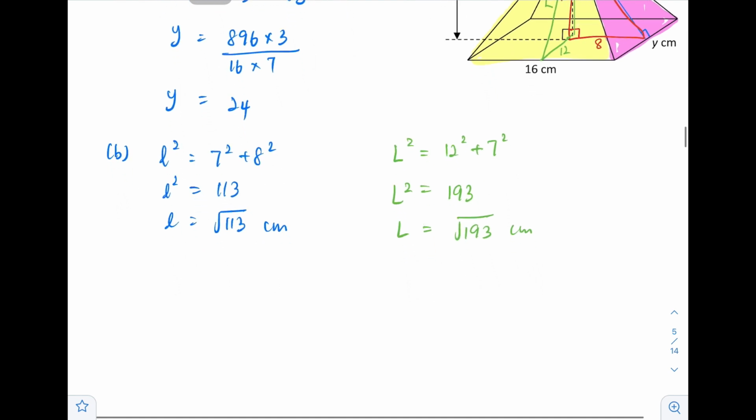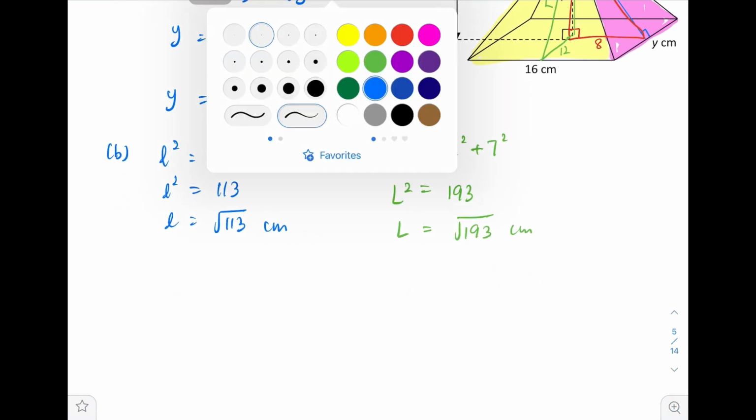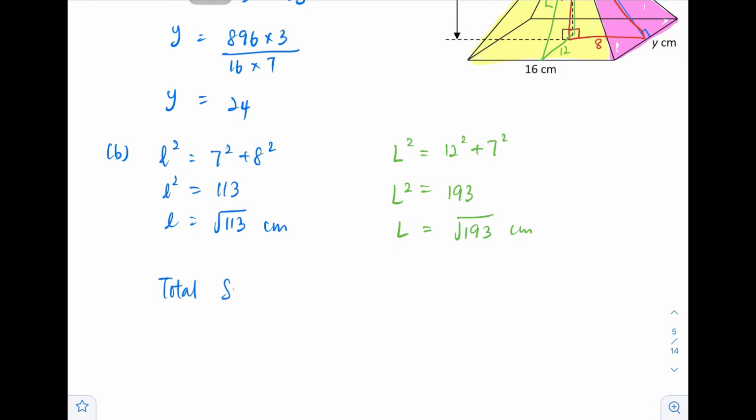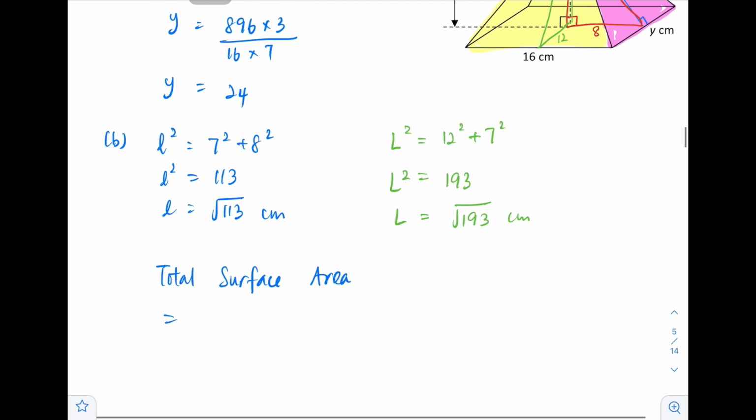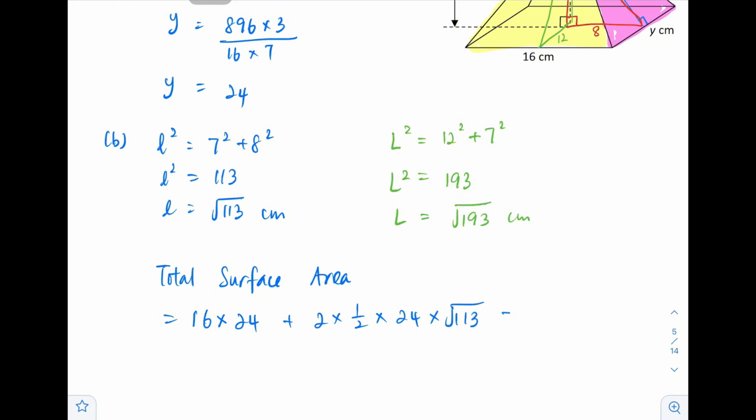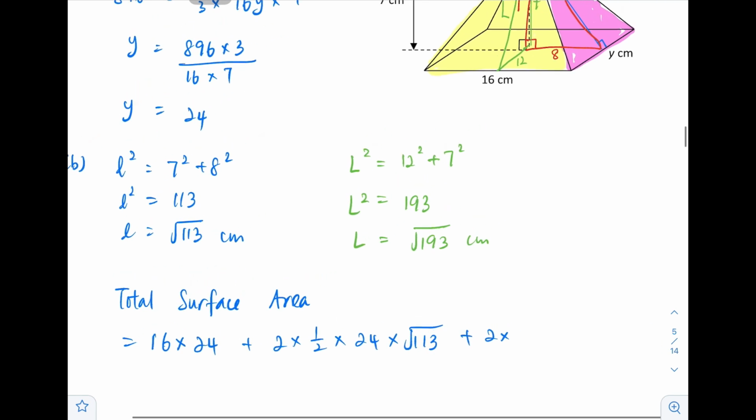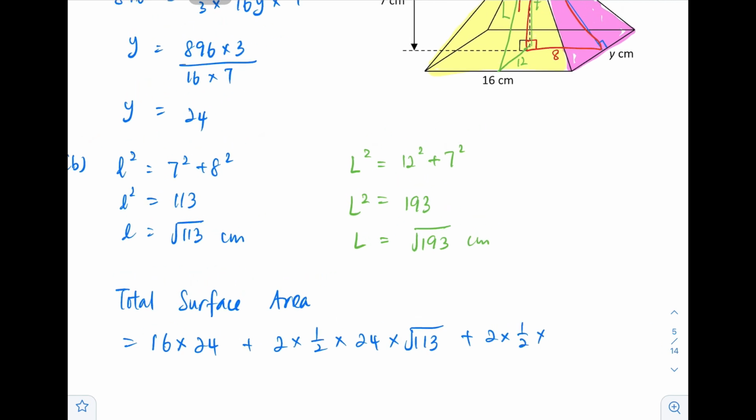Now that we have found all the slant heights of the lateral faces, we can find the total surface area. The total surface area will just be made up of the rectangular base, which is 16 times y, which is 24, plus 2 times the pink triangle, half times the base of the pink triangle, which is 24, times the height of the pink triangle, which is the square root of 113, plus 2 times the yellow triangle, half times the base, which is 16, times the height, which is the square root of 193.